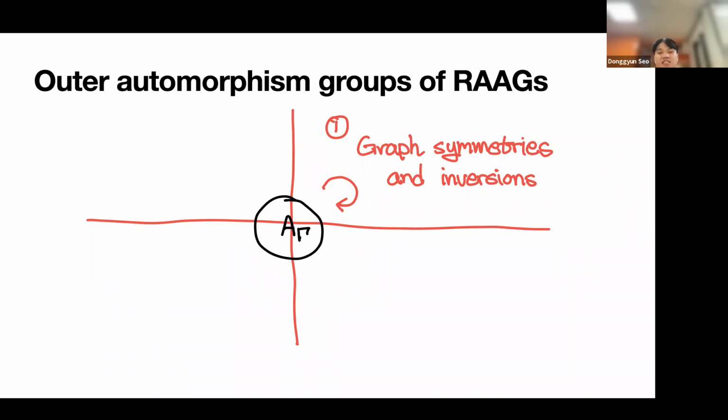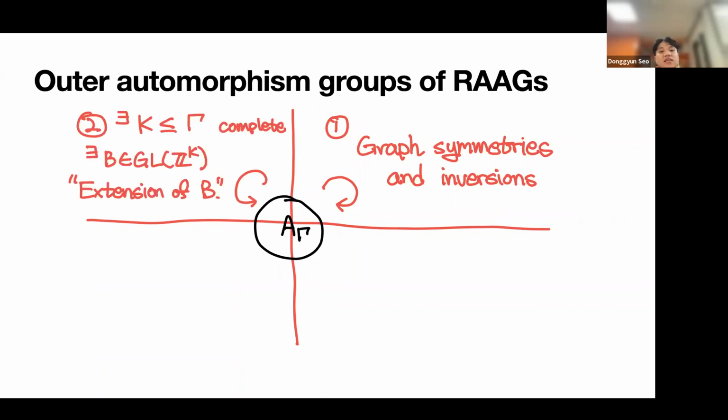The inversions send a vertex v to its inverse v inverse. The graph symmetries are permutations of the generating set, and they are all of finite order, and they generate a finite subgroup of the automorphism group.